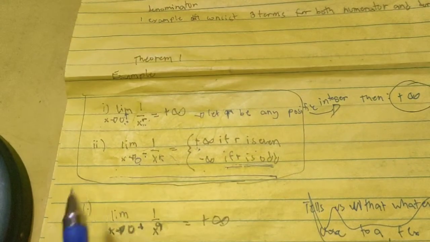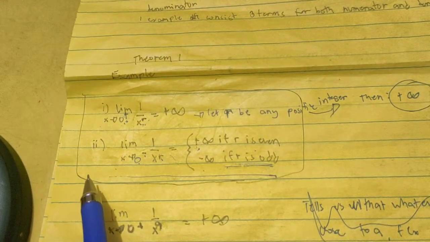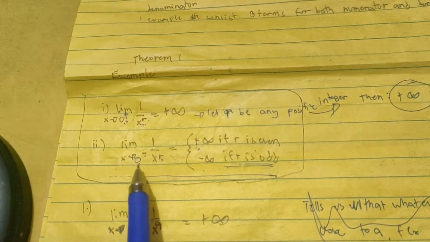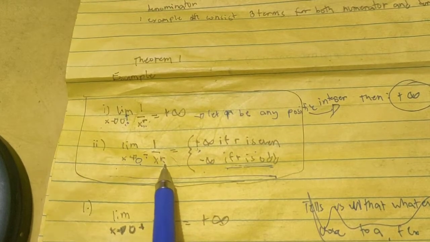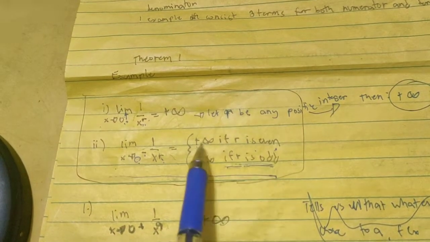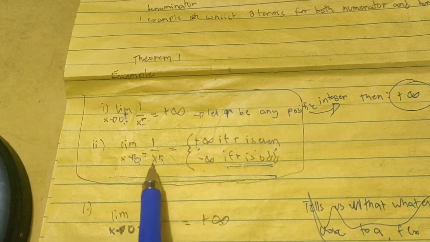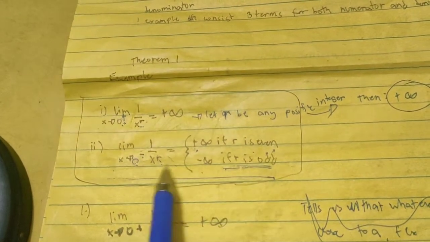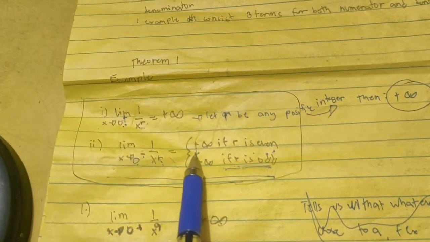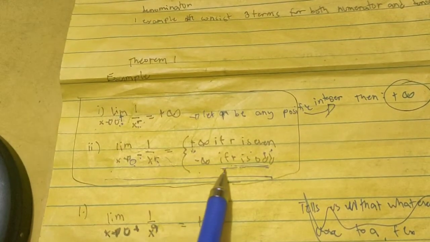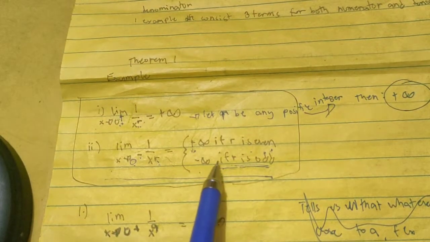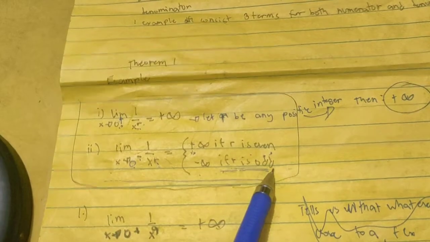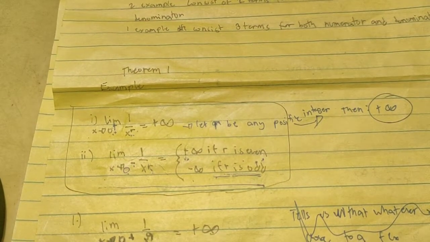So the rules here, in the limit approaches to the left, the R should be even. If the R is even, then it should be positive infinity. Then if the R or integer is odd, then it should be negative infinity.